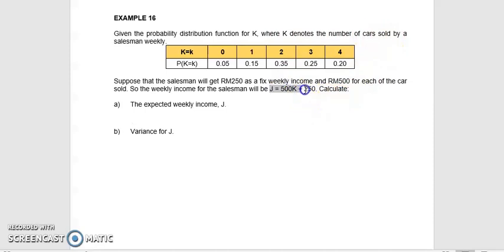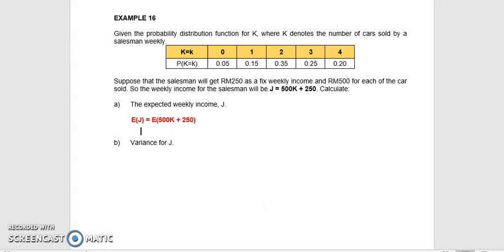Now you have this function. Calculate the expected income J. How to write your answer? We know that J equals 500K plus 250, so expected of J equals expected of 500K plus 250.